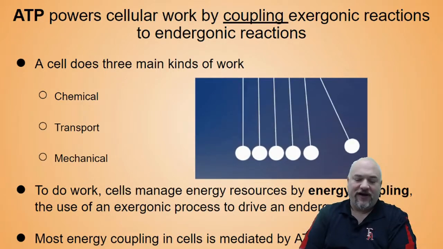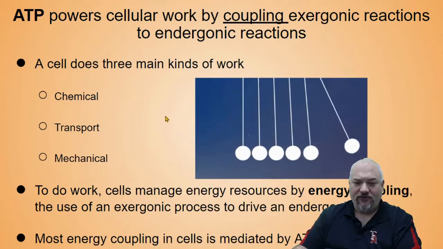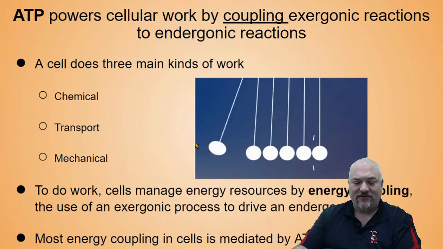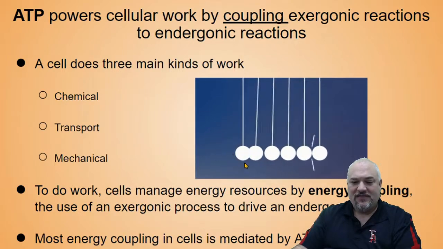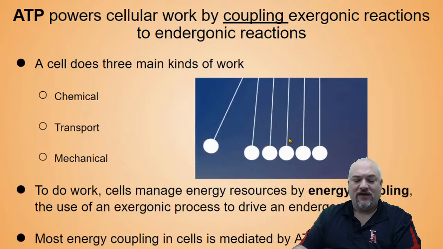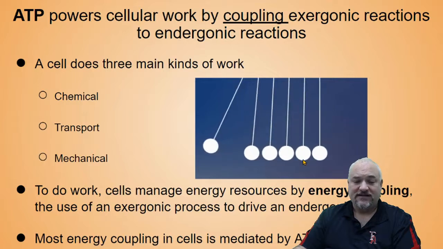It's kind of like, I wish I could find this where it only went one direction, but we have a Newton's cradle here, right? As this ball falls, this is an exergonic reaction, right? It's going from a higher energy to a lower energy, less stable to more stable. It's going to give off energy. These middle balls are the coupling. This is like the ATP or the pathway of energy coupling if it's more than one. Sometimes that's the case.